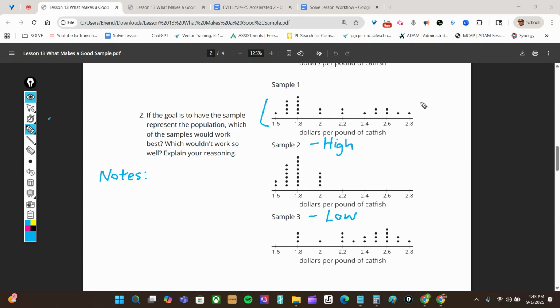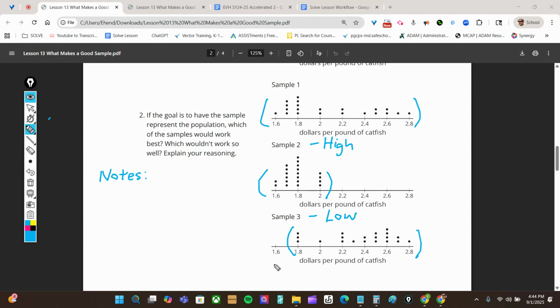As you can see, it goes from 1.16 to 2.8, whereas sample 2 only goes from 1.6 to 2. Okay, so that's another reason why sample 2 wouldn't be a good choice. And sample 3 again, the spread is not as representative as the population.